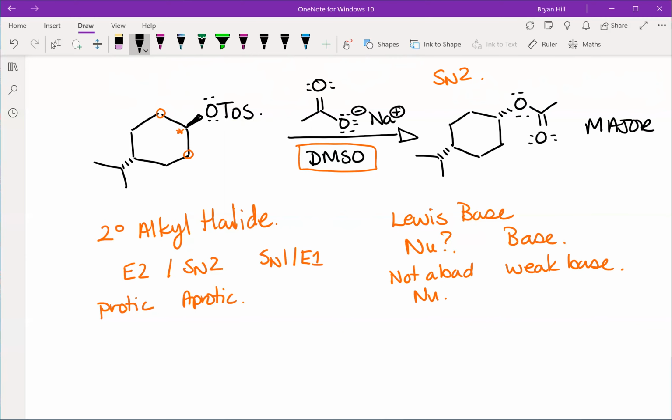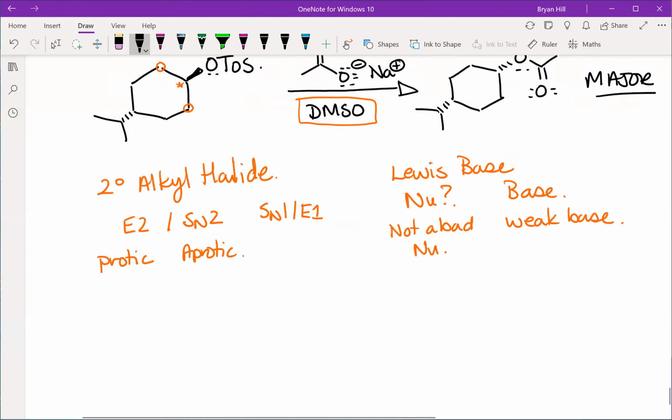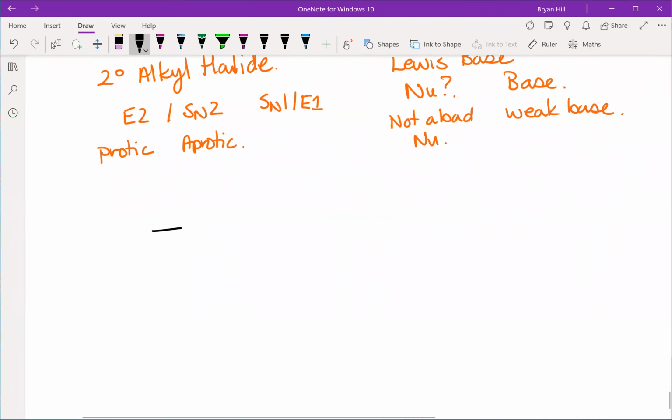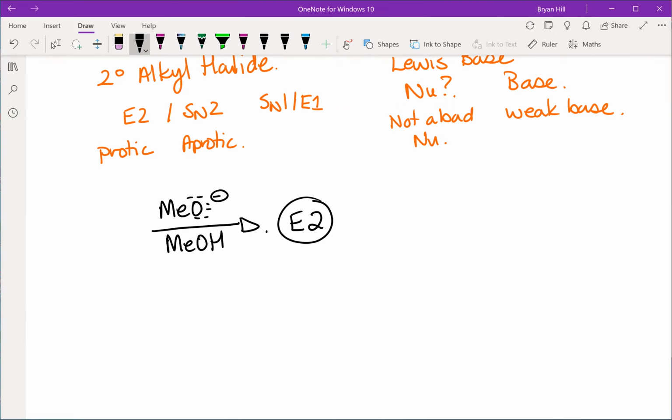If we were going to do an elimination reaction here, we would change our reaction conditions so that we are using a good base. So methoxide, for example, in methanol. These would be the conditions of an E2 elimination reaction. So a stronger base in a protic solvent.